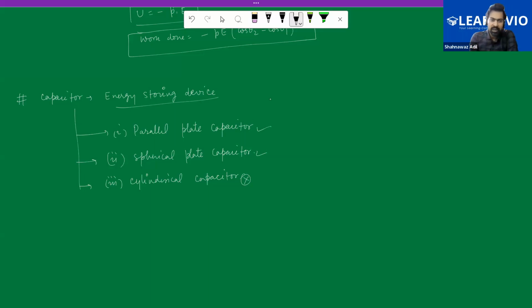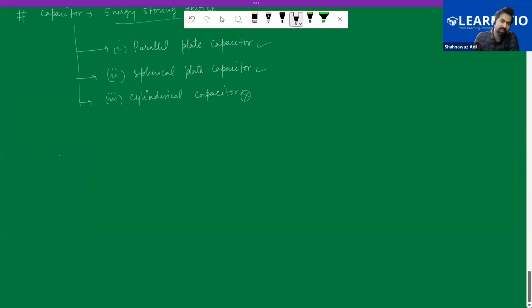Before we talk about the parallel plate and spherical capacitor, let us talk about what is capacitance. So capacitance is the proportionality constant, right? We know that Q is directly proportional to voltage.